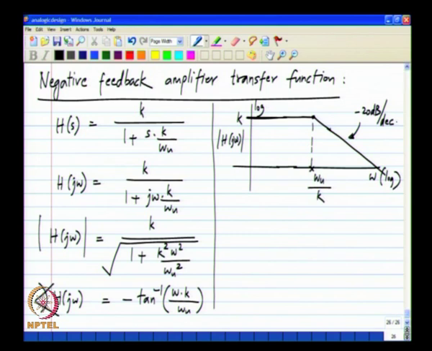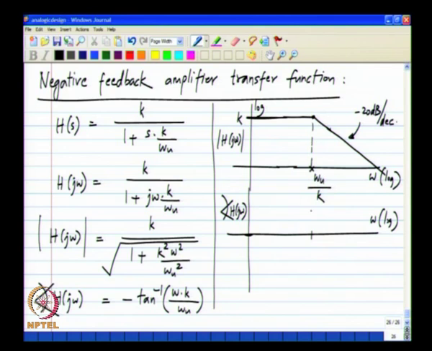So, now for the phase response. The phase is nothing but minus tan inverse of omega times k by omega u. Now, clearly for very small values of omega we have almost 0 phase. So, it starts with 0 phase.